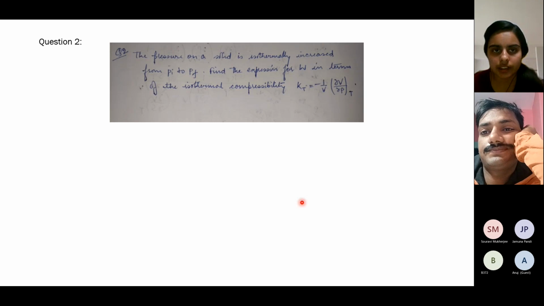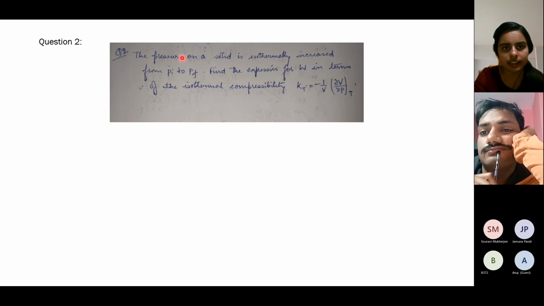So now the second question is that, in this case, we know that the expression for work done is PdV and we integrate and we find the work done. Very good. But here, in the process, the pressure is changing from Pi to Pf and it's an isothermal process. So the pressure on a solid is isothermally increased from Pi to Pf.